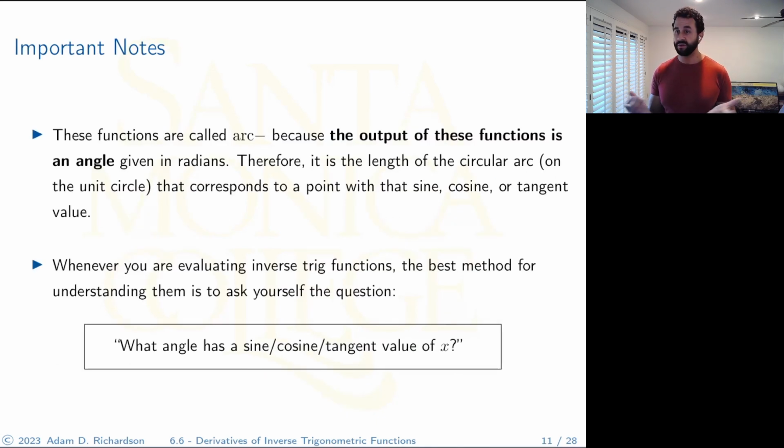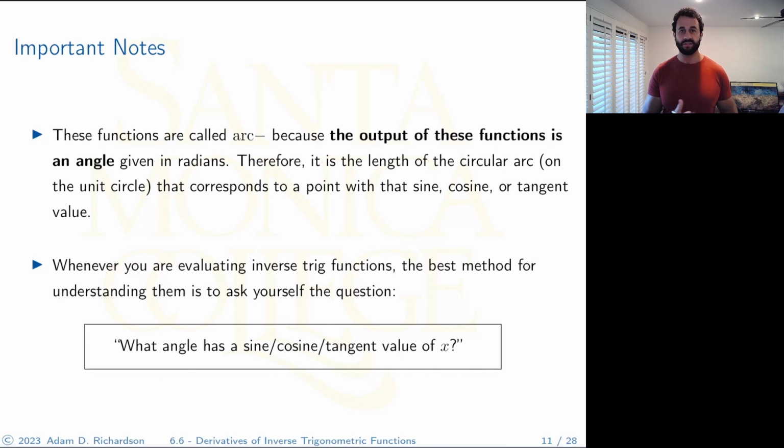Something you might not have known, or maybe nobody has told you. These functions are called arc functions because the output of these functions is an angle given in radians. So this is one thing to keep in mind. The outputs of these inverse trig functions are angles. And because they're given in radians, they're giving you an arc length.